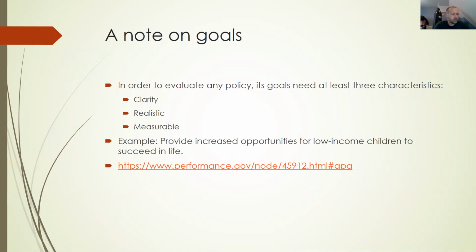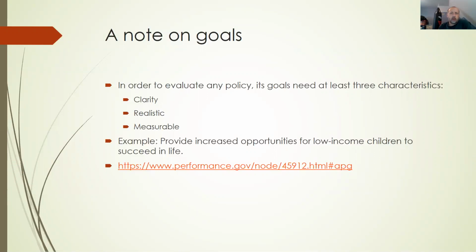Okay. Before we get into the specific criteria that we generally use when analyzing policy, it's important to go back to this whole concept of intentionalism, of being intentional about what we're doing. All this really means is that we have a goal, and that goal needs to be fairly clear.